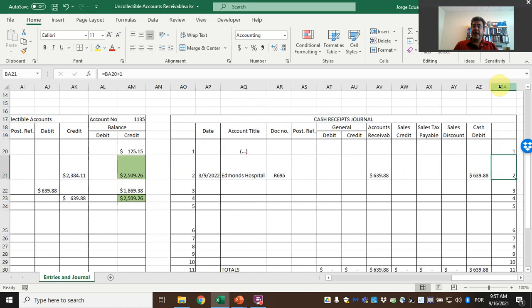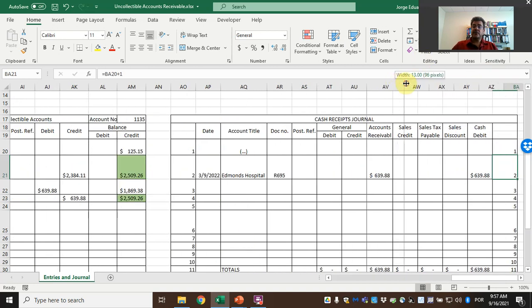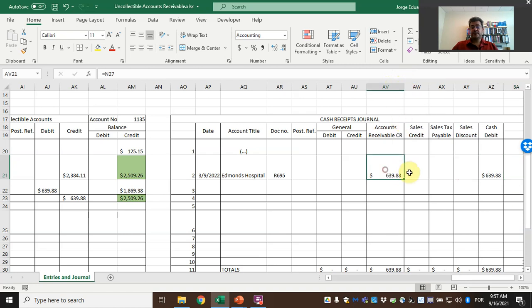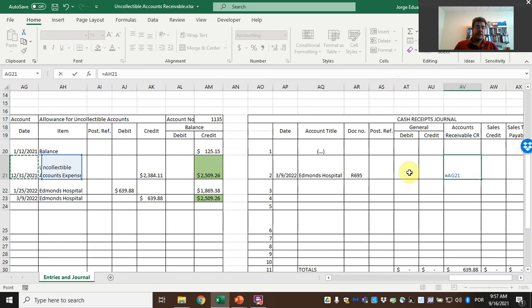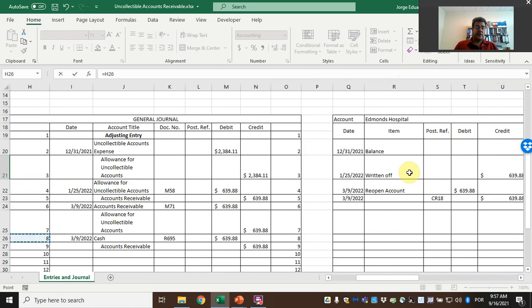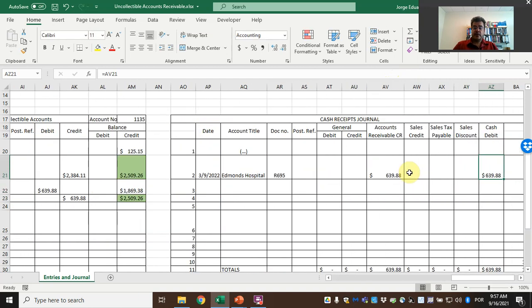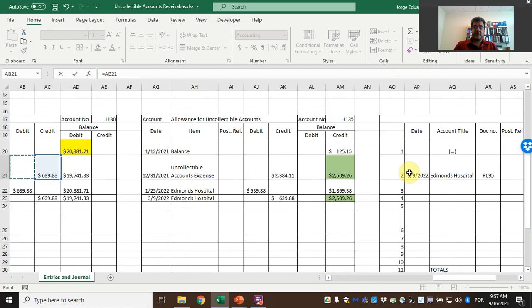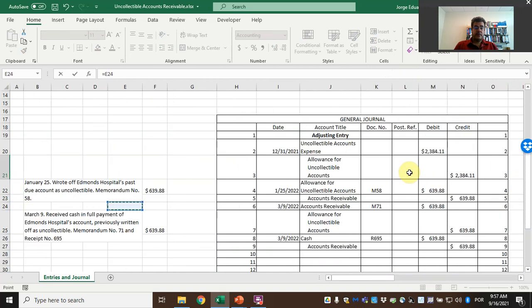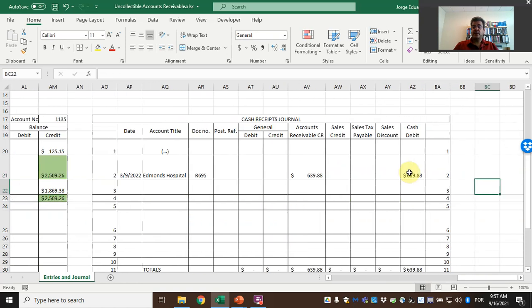How are we collecting the money? On accounts receivable. So we are crediting accounts receivable and we are debiting cash. Cash debit here.